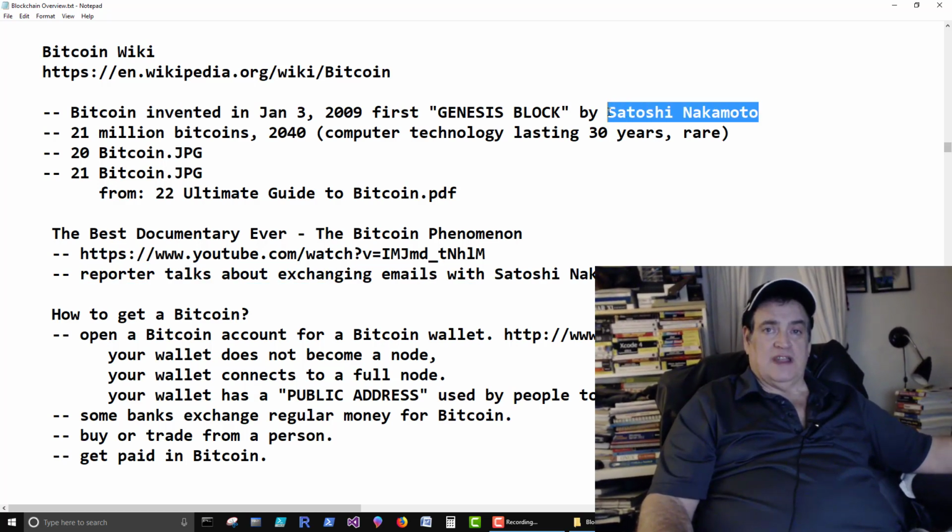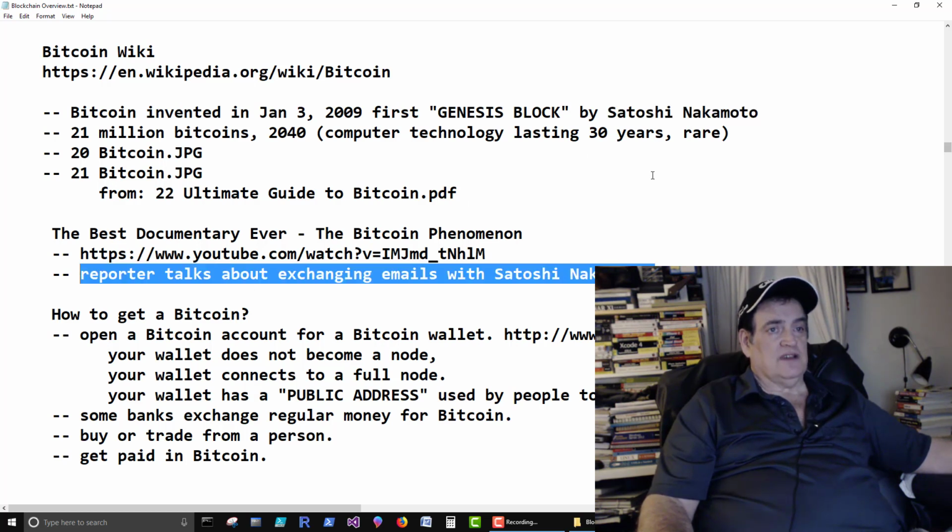It seems to be a fake name. They don't know if it's a fake name for one person or a group of people or organization. They don't really know who invented it. But this reporter said he actually exchanged emails with him. So it appears that it's a regular person and he just wants to stay anonymous.